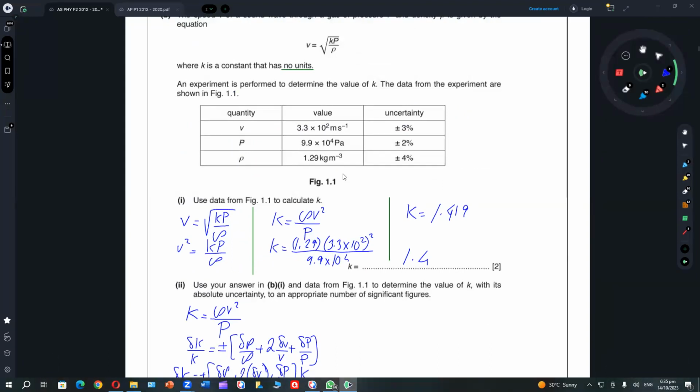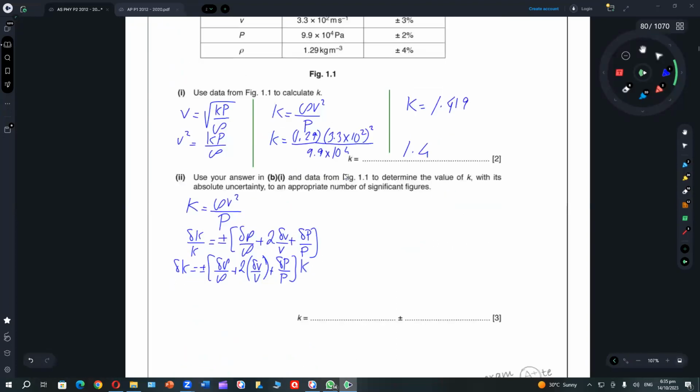When uncertainties are given in percentage, they should be directly inserted.